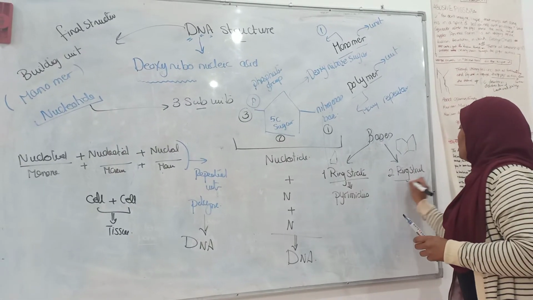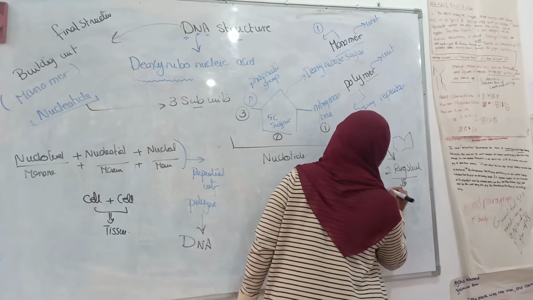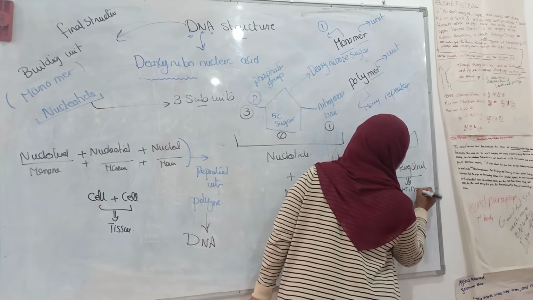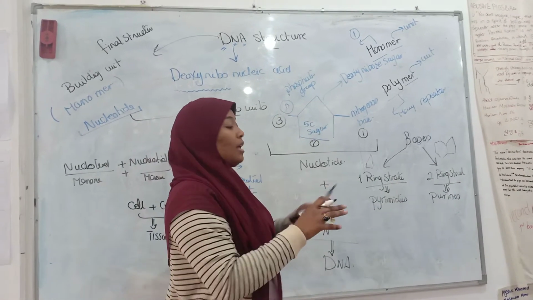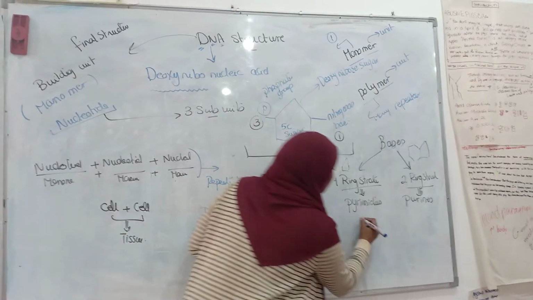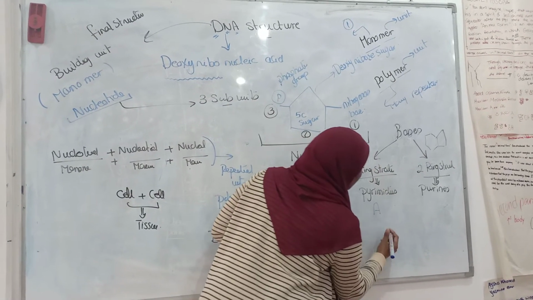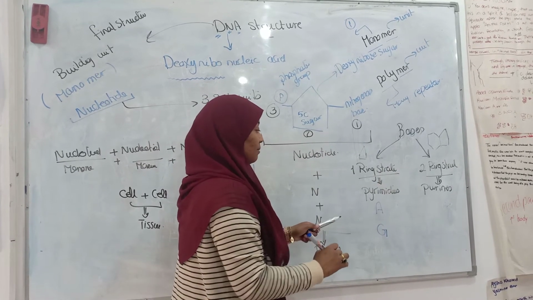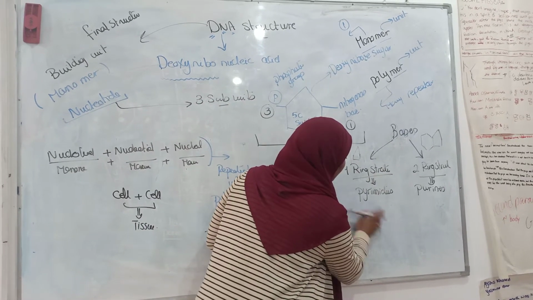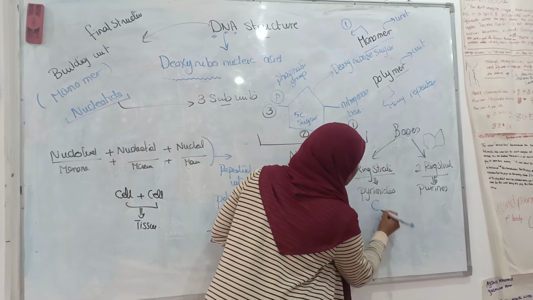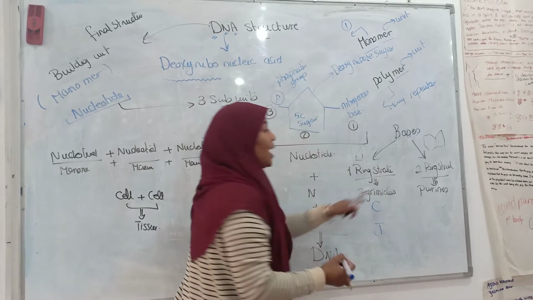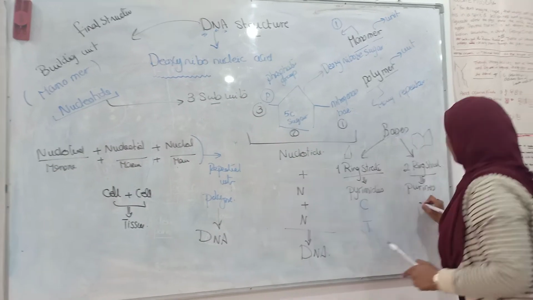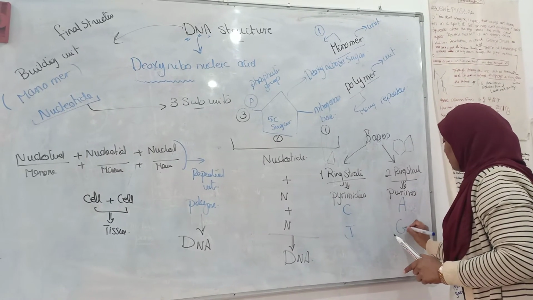They will be called pyrimidines. The pyrimidine bases are A and G. And the purine bases, no, sorry. The pyrimidines are C and T. And the purine bases are A and G.